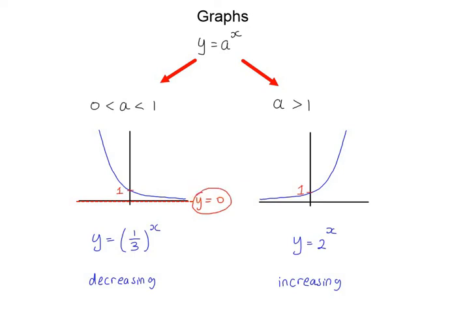And if the base is greater than 1, we have a growth curve where the gradient's always positive, so it's increasing. Again, we have an asymptote on the x-axis, and the equation of the asymptote again is y equals 0.